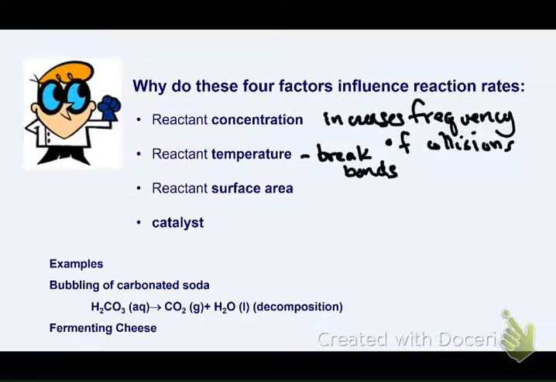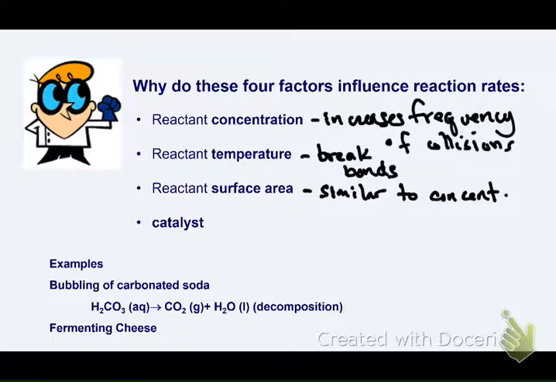Some of the catalytic converters don't all use platinum, but some of them use nickel, I think. But primarily original catalytic converters had platinum on the inside. So surface area is important because it's similar to concentration. It increases the amount of collisions.